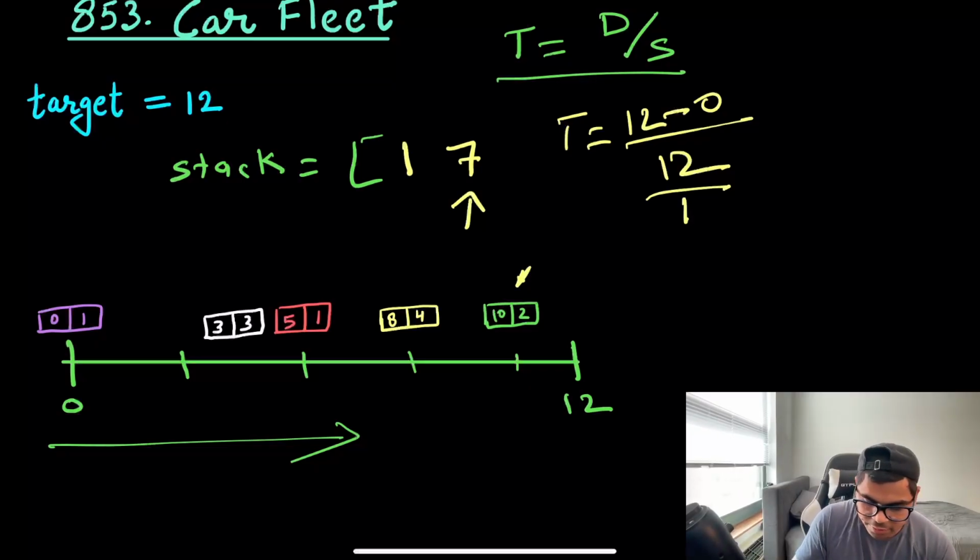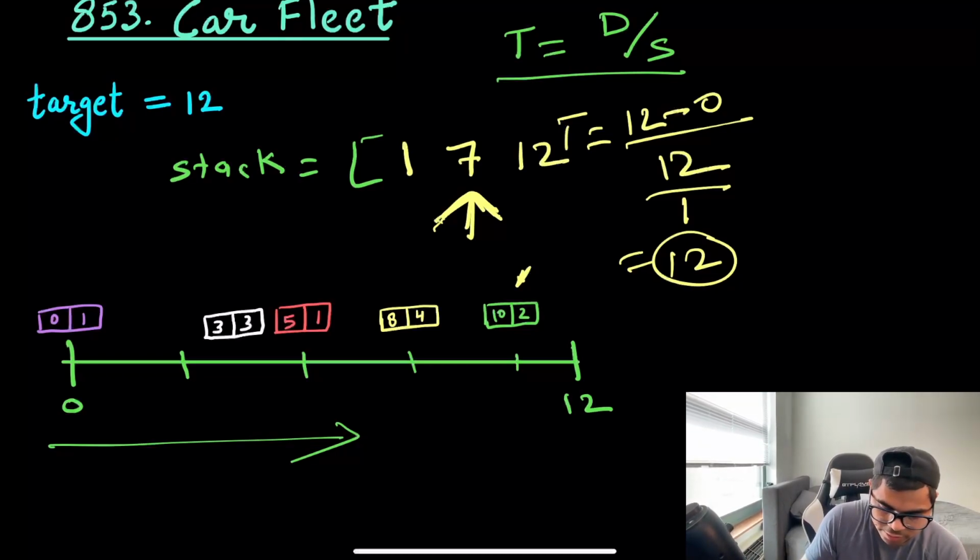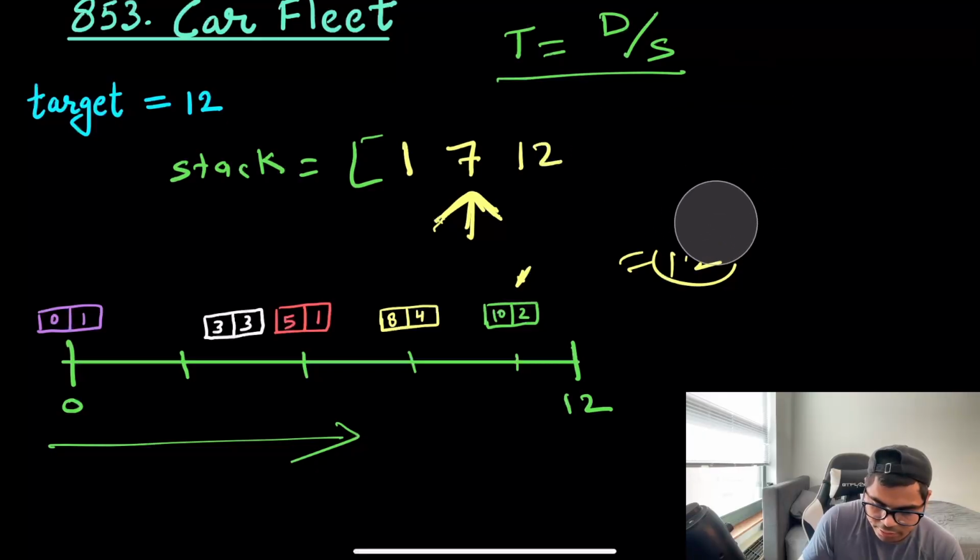So 12 divided by 1, it's going to take 12 units of time. That means the top of my stack is not greater than or equal to 12. So I will append 12 right here, because this car will arrive really late.